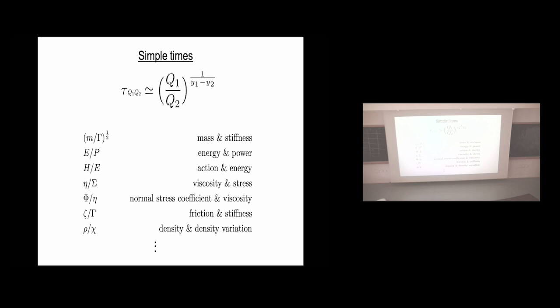Another important one, especially for quantum mechanics, is this one. Action in hydrodynamics is not really used often, but it's all over the place if you do quantum mechanics, because in quantum mechanics you always have h, or the Planck constant, or h bar. And the Planck constant, as I was saying earlier, is an action.